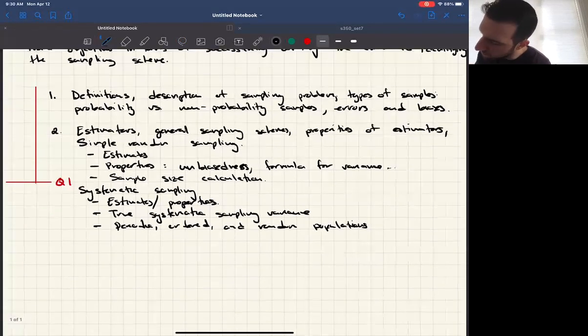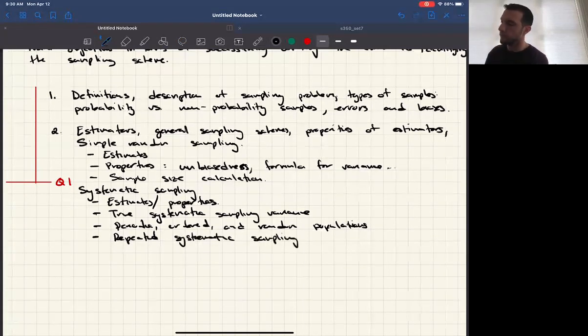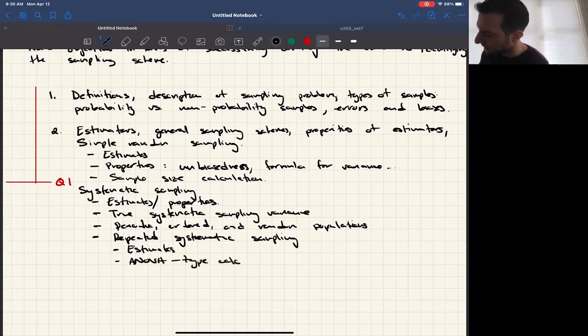Okay, and then we also talked about something called repeated systematic sampling. Okay, and then within repeated systematic sampling, we also again had estimates, and we saw our first illustrations of what we call the ANOVA type calculations.